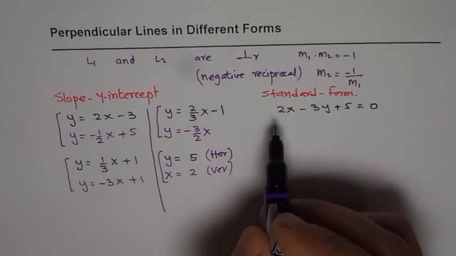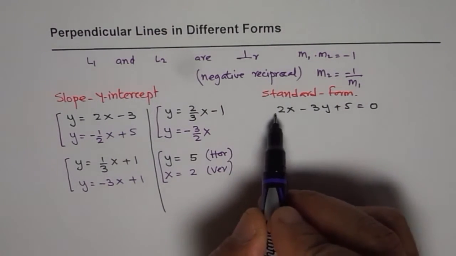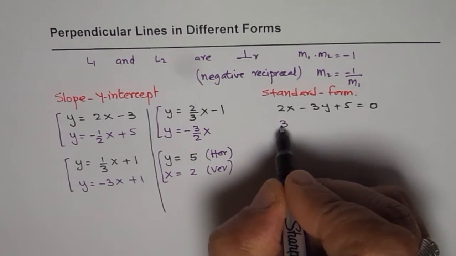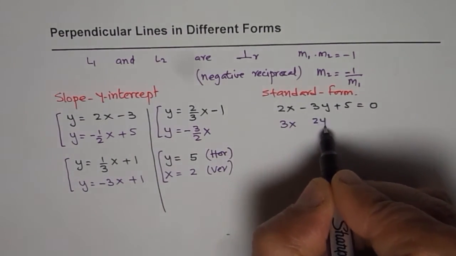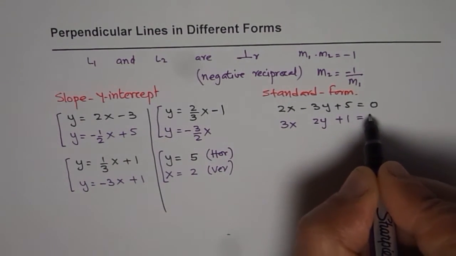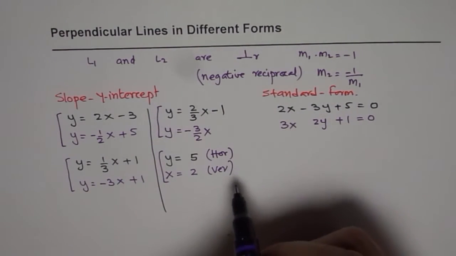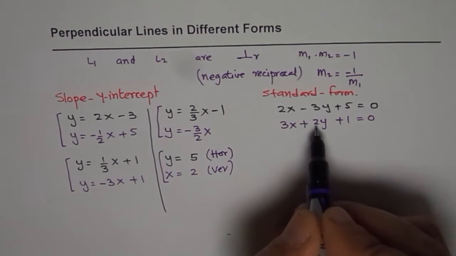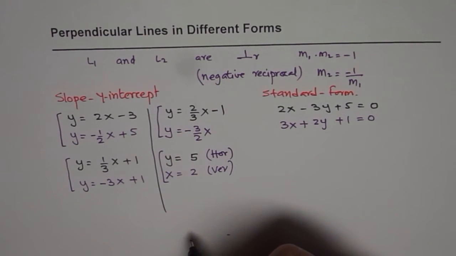Well, since we are looking for a negative reciprocal, you can swap the x and y coefficients. So we have 3x and here we have 2y. You could have any number here, it doesn't matter. And one of the signs could interchange. So this is negative. If I make it positive, that becomes a perpendicular line.